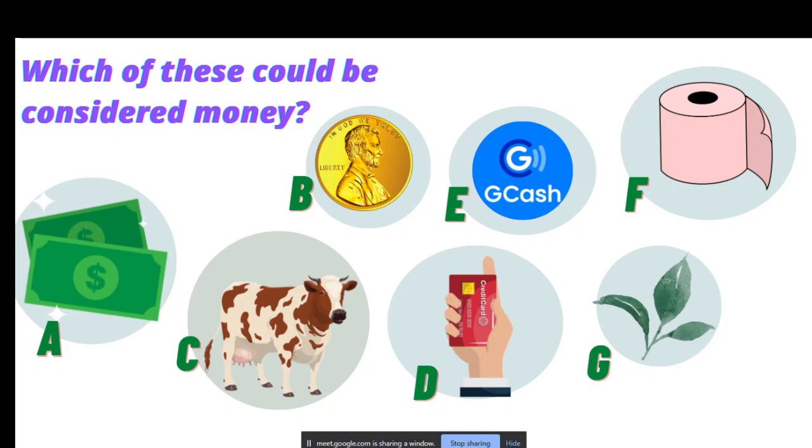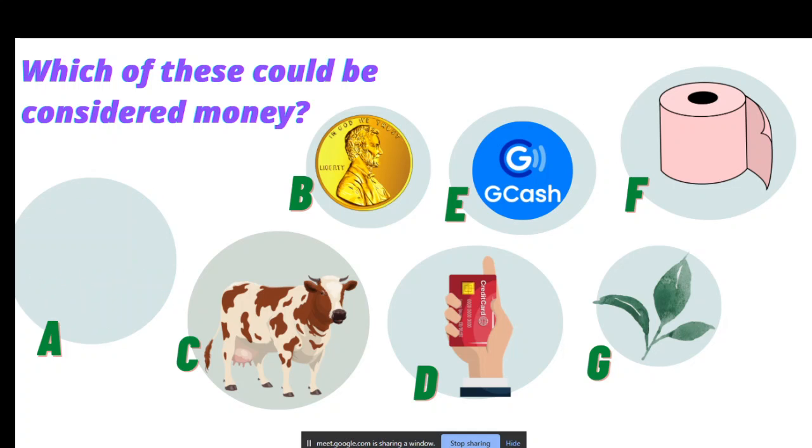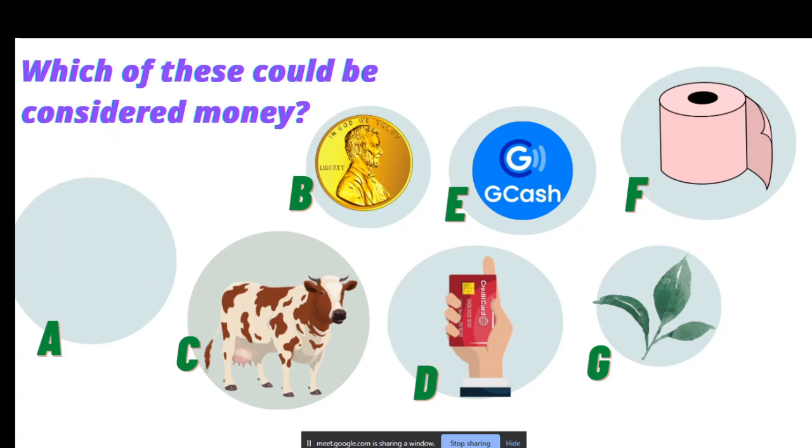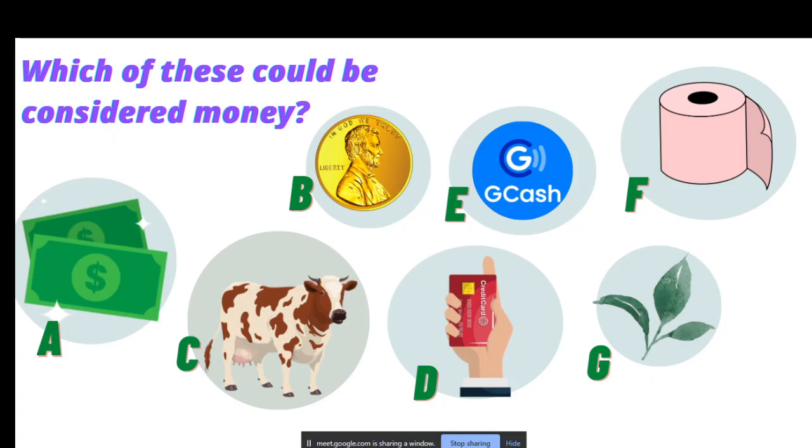Tanan man siya. Okay, tanan. Oh, really? Yung leaf na yon and toilet paper? Okay, sige. Pwede may point. Pero I agree with Chloe. Mamaya, sasabihin natin sinabi ni Brent kasi actually, there could be value with regards to that. Pero generally, I agree with what Chloe said that toilet paper and the leaf could not be considered money.